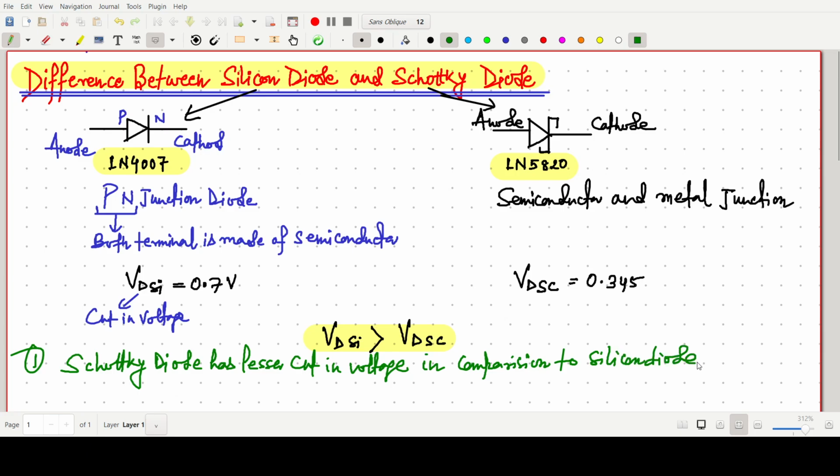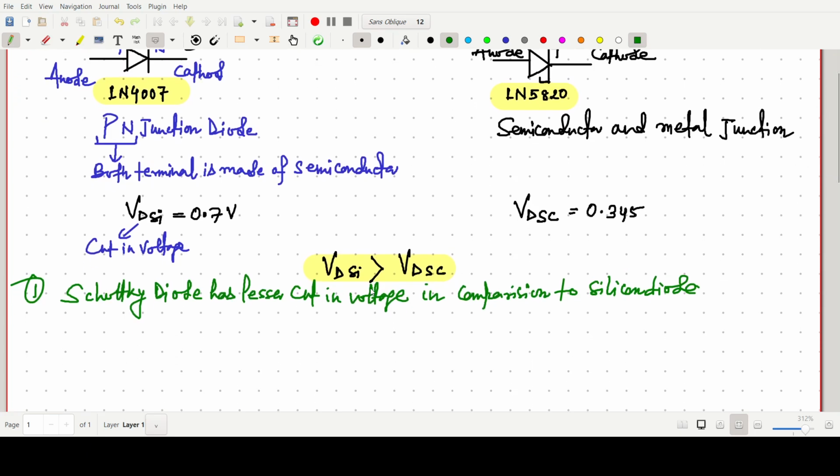One of the major advantages of the Schottky diode is that it has a lower cut-in voltage than the silicon diode. What does it result in? This one is for silicon and this one is for the Schottky diode.